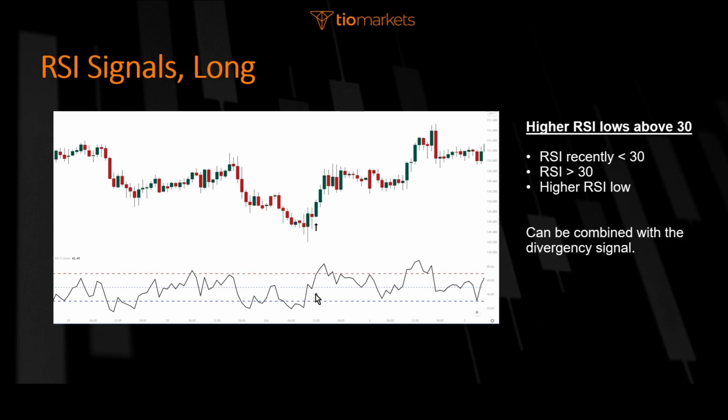And the reason I haven't placed this arrow right at this low is that obviously at this point on the close of this bar, I don't know if there's going to be a higher low in RSI. We know it at the close of this bar. And then the market moves up for 2 periods and then sideways and then up more.